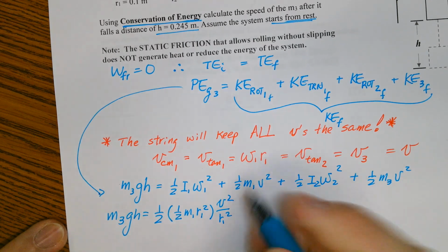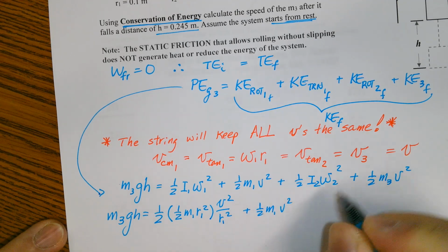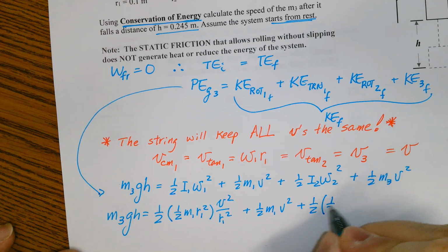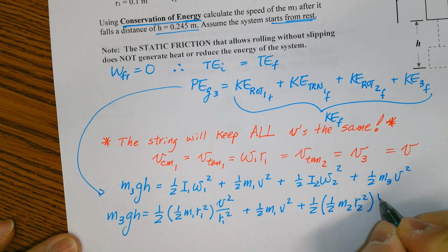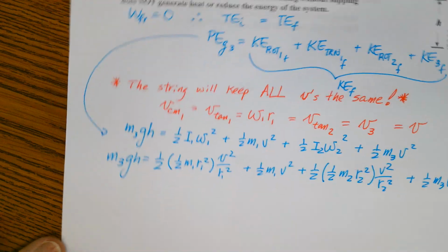Plus 1/2 M1 V squared plus 1/2 times 1/2 M2 R2 squared times V squared over R2 squared, plus 1/2 M3 V squared.